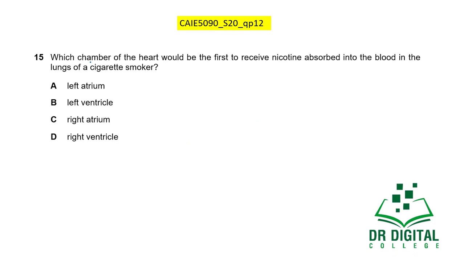In this question, which chamber of the heart would be the first to receive nicotine absorbed into the blood in the lungs of a cigarette smoker? You know that blood is coming from the lungs through the pulmonary vein. The pulmonary vein is coming into the left atrium.